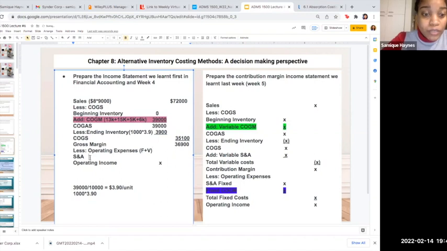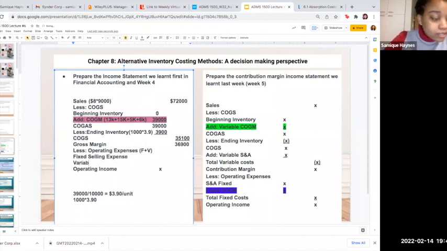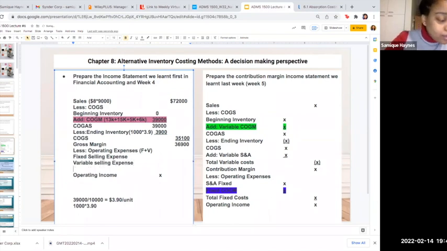So what are the expenses that they give us in this question? Which expenses will go here? We have a fixed selling expense, a variable selling expense, and an administrative expense.